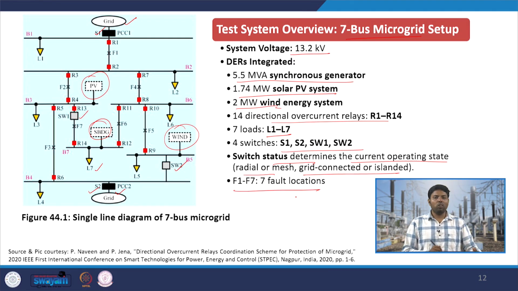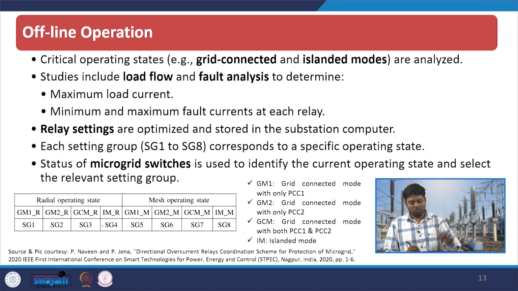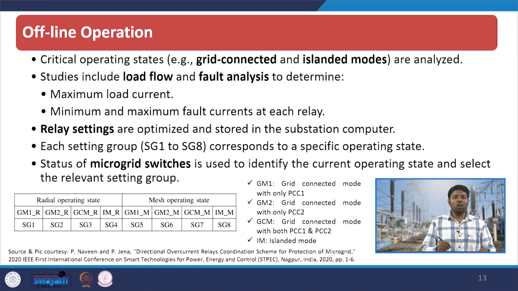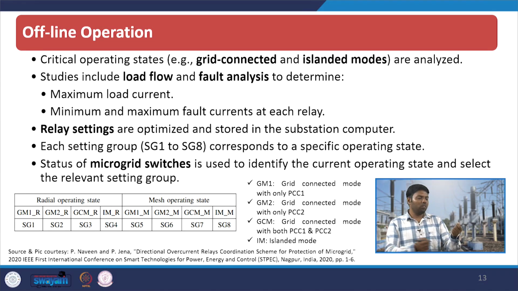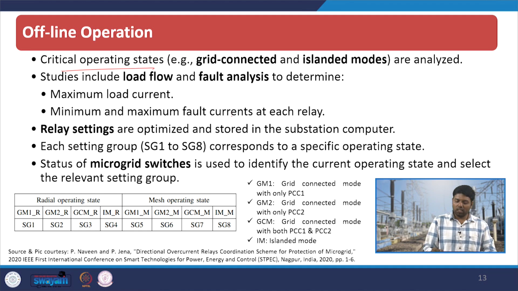So, 7 fault locations have been identified, like F7, F4, F2, and those are simulated. First is the offline operation, that means before the fault occurs, your relays have to be set to a certain pickup and TDS value. That is an offline calculation. The critical operating states like the grid connected and islanded modes are analyzed. Studies include load flow and fault analysis.